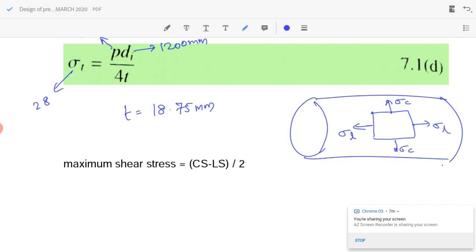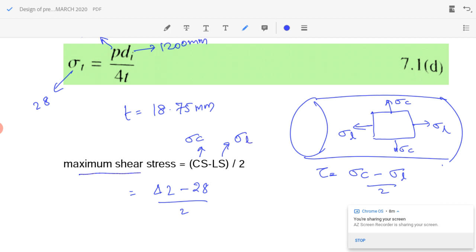So maximum shear stress equals sigma x minus sigma y by 2. Here sigma c is higher, so I can write sigma c minus sigma L by 2. That will be the maximum shear stress. So maximum shear stress equals 42 minus 28 divided by 2, where sigma c denotes the circumferential stress and sigma L denotes the longitudinal stress. So this is our equation for maximum shear stress.